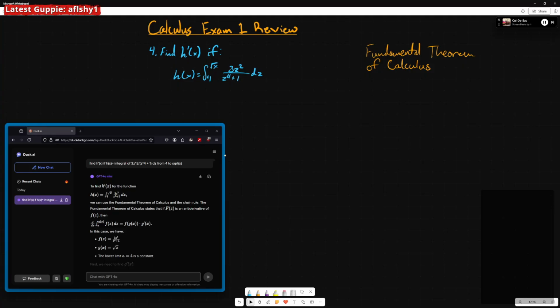Yes. So basically it says f of x is an antiderivative of f of x, where f prime of x is equal to f of x.